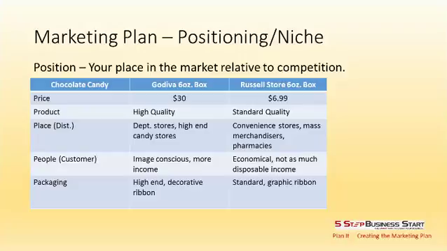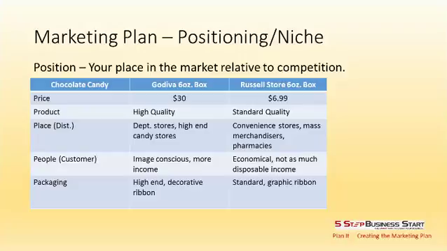They're positioned differently from a price standpoint. They're also positioned differently from the product standpoint, in as much as the Godiva is a high quality chocolate. It's chocolate that probably contains something closer to the natural ingredients or where chocolate originally comes from.